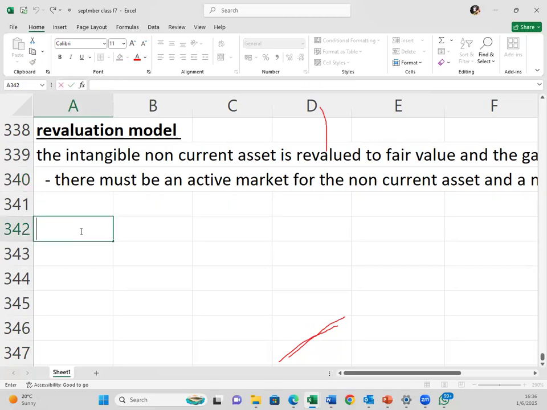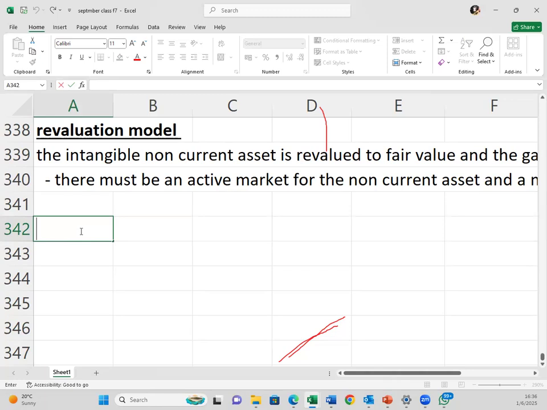So what do we mean by this statement? It means if we were to go into the market right now, we should be able to find other firms that are selling similar licenses. So there must be similar licenses somewhere else, or similar brand names being sold somewhere else.